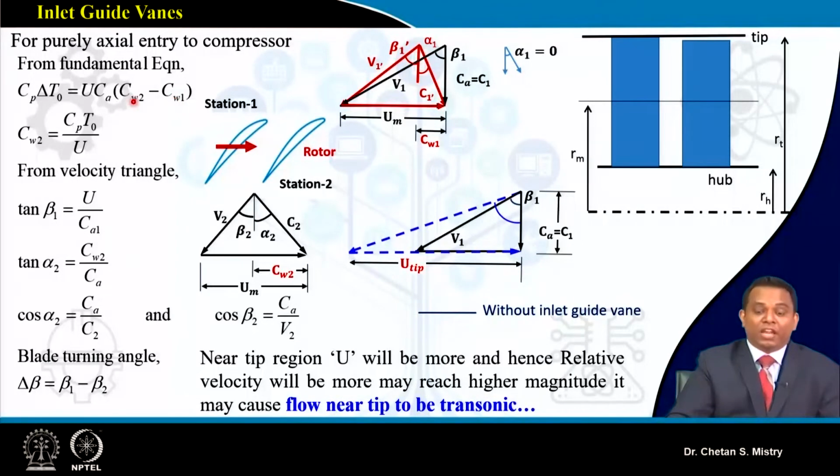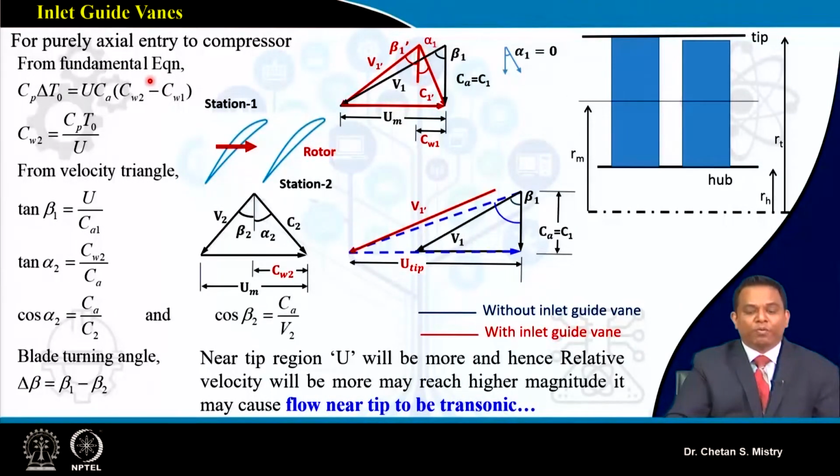So just understand, we are looking at one aspect, that we want to reduce our relative velocity near the tip region, and for that we are incorporating inlet guide vanes, but it is reflecting straightaway in my pressurizing capacity. Now let's move to the next configuration.